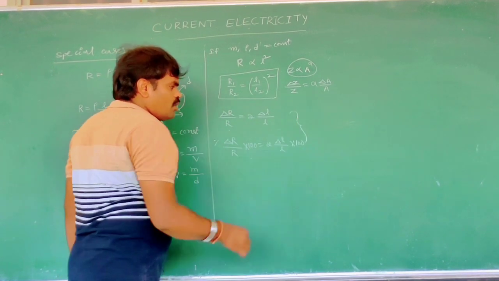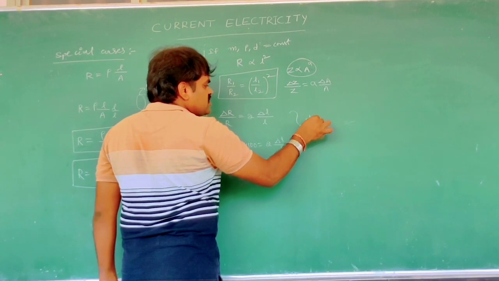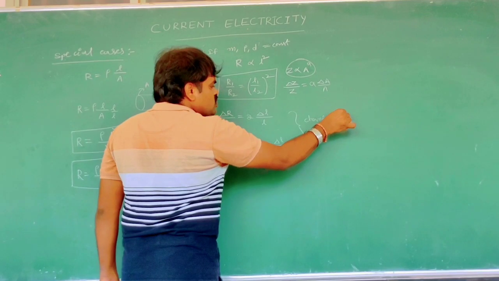These formulas are applicable when the fractional change in length is less than 5%.